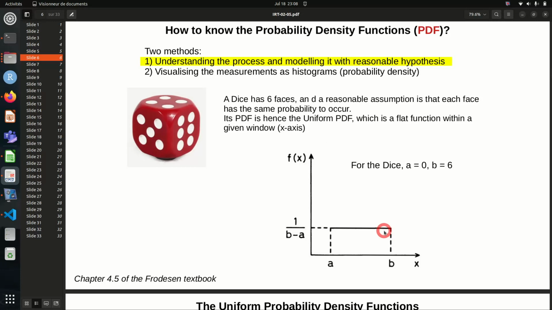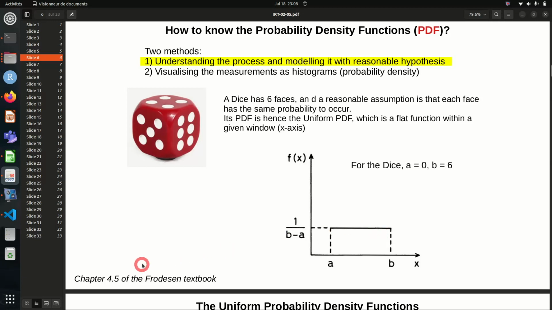So the model, the mathematical model for this process will be a so-called uniform PDF, so a flat function between two values, exactly as we had expected in the previous lecture.